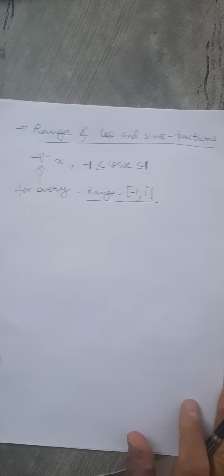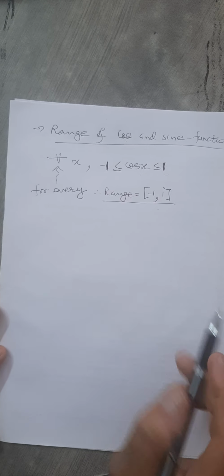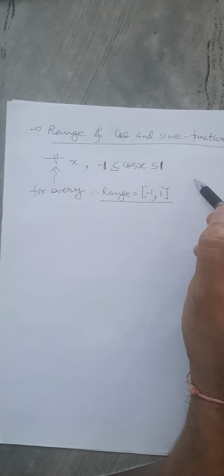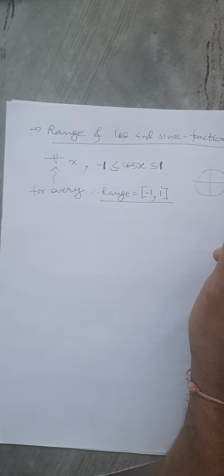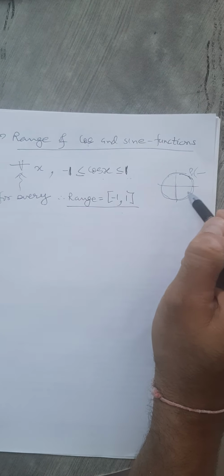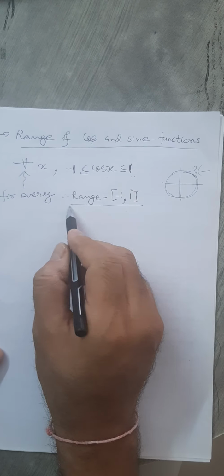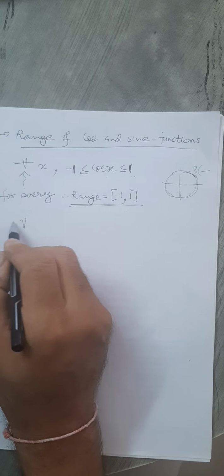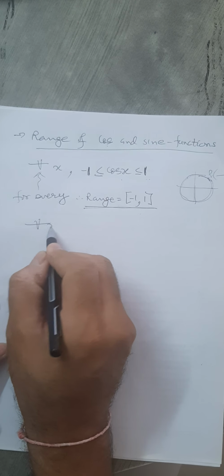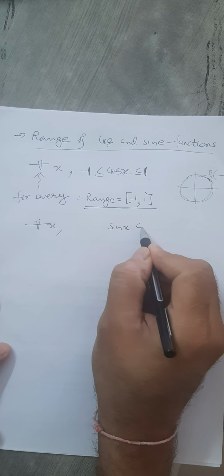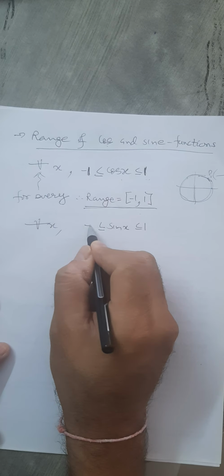And the same thing will happen for sine function also. You have already noticed that the cos function is nothing but which coordinate? First coordinate on the unit circle. Now the maximum value of the first coordinate is 1 and minimum value is -1. That you know. Okay, so range is -1 to 1. And for every x, sin x is always less than or equal to 1 and greater than or equal to -1.